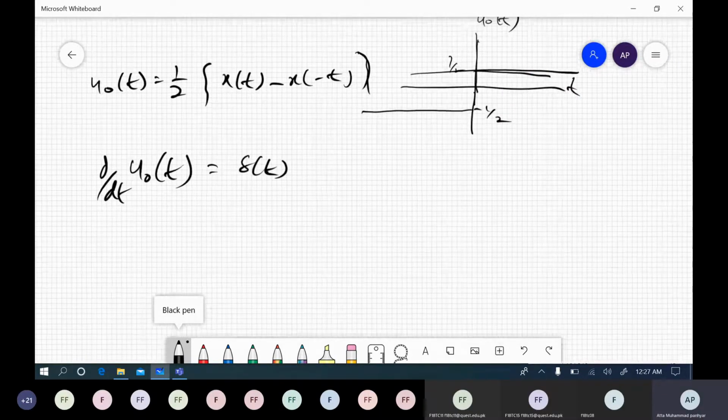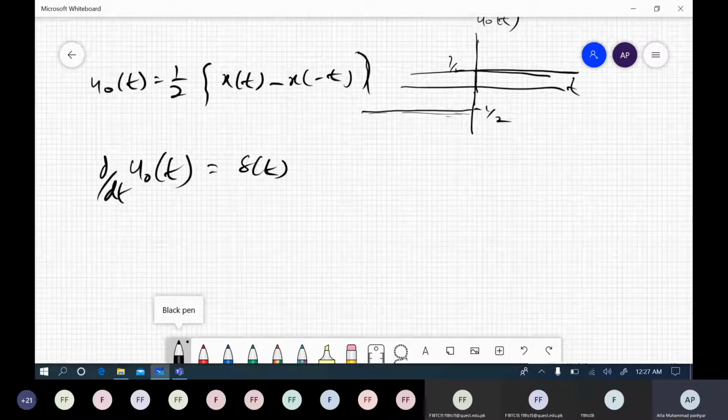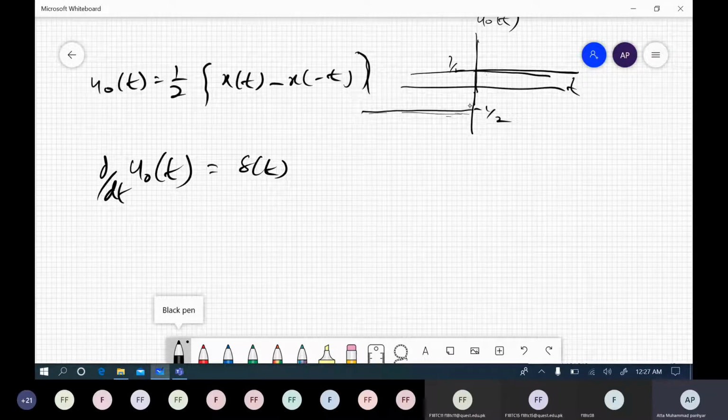Because from minus infinity to 0 the signal is constant, so there is no change and the derivative must be 0, and from 0 to infinity it is also constant, but at 0 there is a shift from minus half to half. The distance between minus half and half is 1, and we know delta t is equal to 1 at the origin.